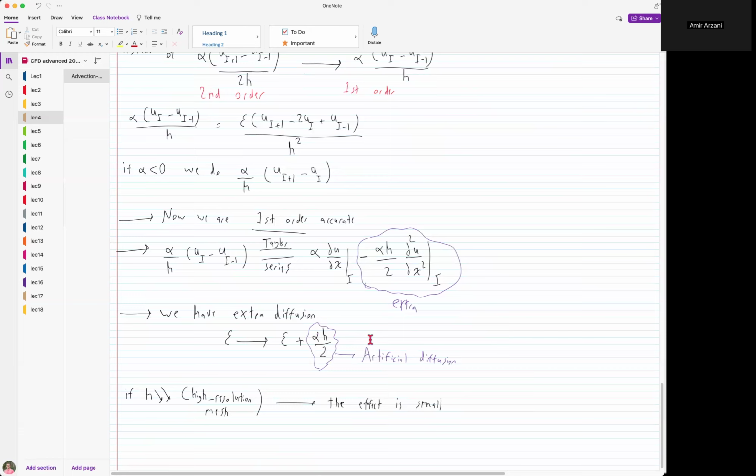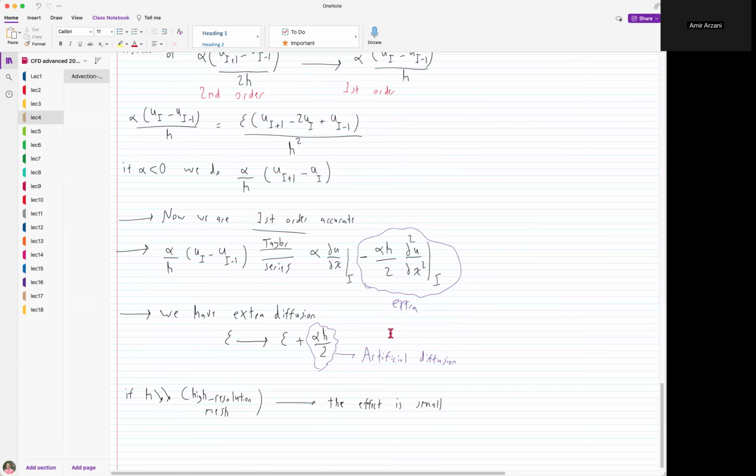And another nice thing about this artificial diffusion coefficient is that in practice, sometimes people multiply this whole term by some free parameter beta. So you can take this artificial diffusion coefficient and multiply it by a free parameter beta.